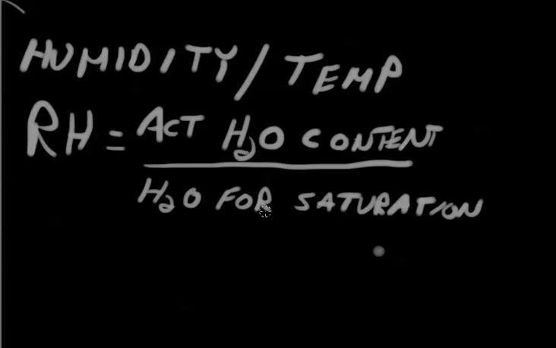This is the amount of water vapor you need for saturation, it's a big long formula. You can calculate it, but there are some definite values at different temperatures, and we're just going to do a couple of these and mathematically show why the relative humidity will go down with temperature.